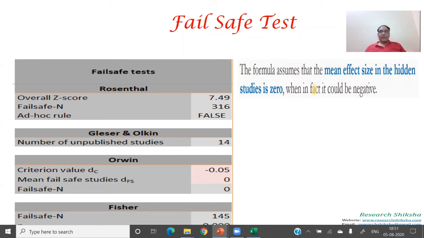So this is the logic of Rosenthal. The null hypothesis of this test is about how many studies I will include. So I will find the number of studies to be included so that my mean effect size will be zero.